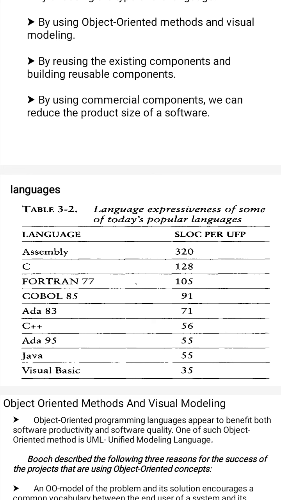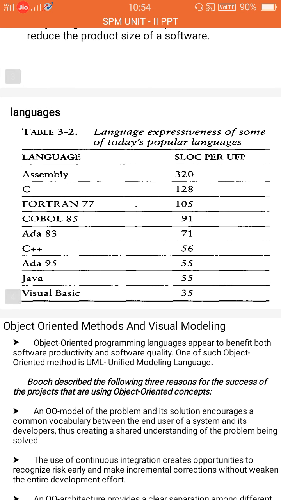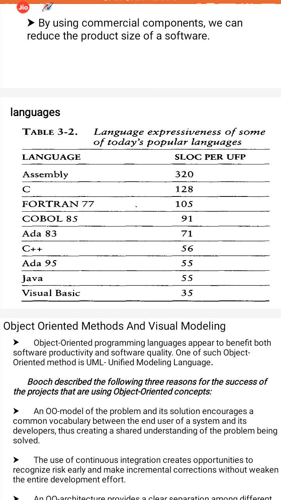Suppose we choose assembly language, there are 320 lines of code; C language 128, Fortran 77 105, COBOL 85 91 source lines of code. For Java or Visual Basic there are fewer source lines of code, so these are better languages to reduce the size of the software.